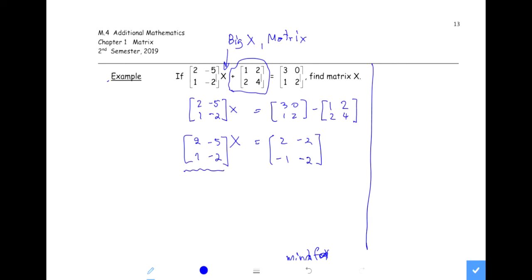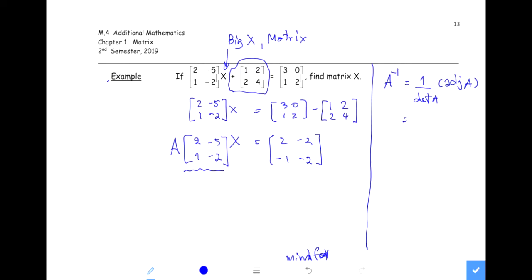I'm going to call it A. So A inverse is going to be 1 over det A times adjoint A. 1 over det A times adjoint A.